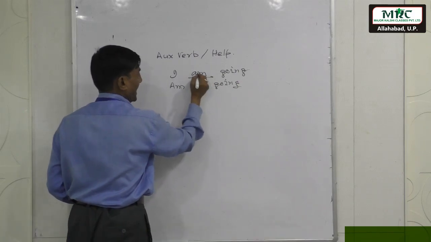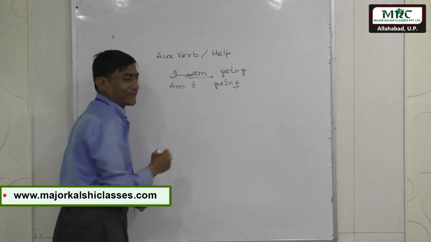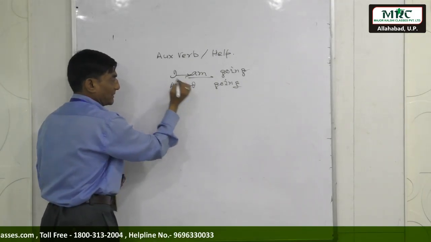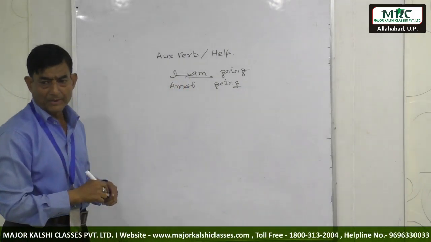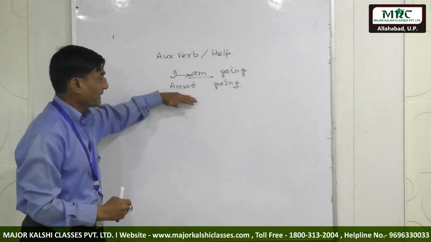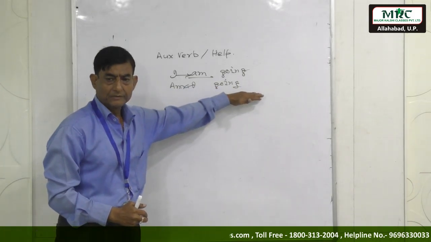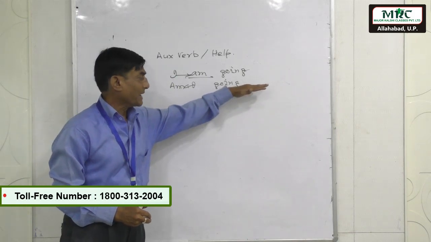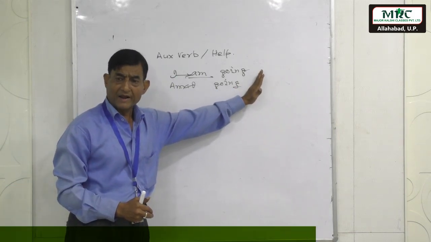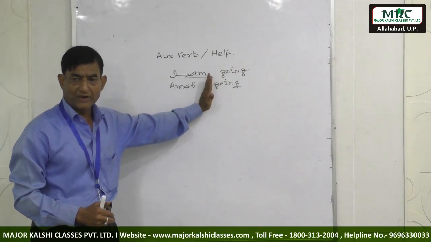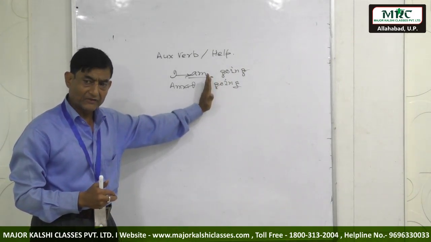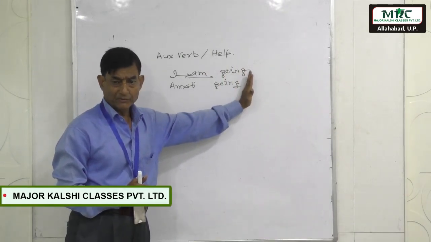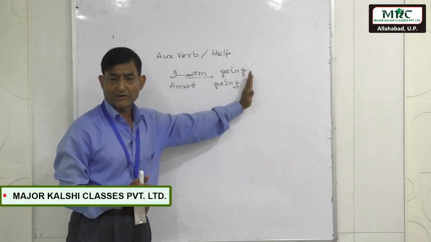Here we see am has to come either after nominative case or before nominative case. It can never come after the main verb. Auxiliary verb and helping verb always come before the main verb and never after it. So it has to be taken care of.